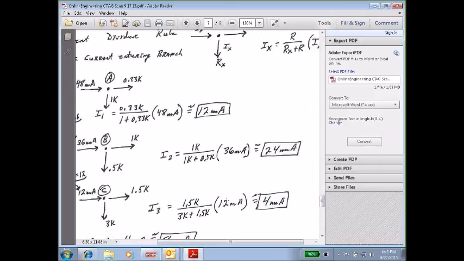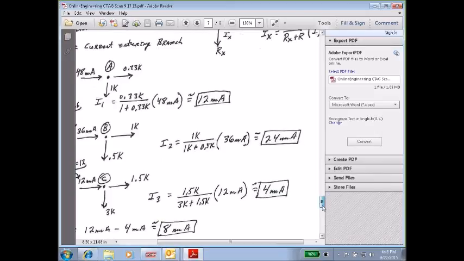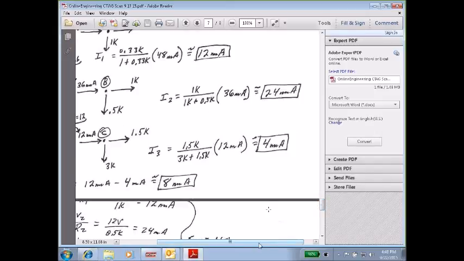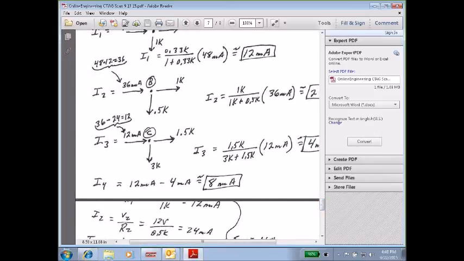So we find I2: 1K divided by 1K plus 0.5K, times 36 mil coming in, that's 24 mils. Then I go on to junction C. Now, about 36 mils that we had coming in here, and we said that we had 24 going here. How much we got left? We got 12 mils coming into junction C.